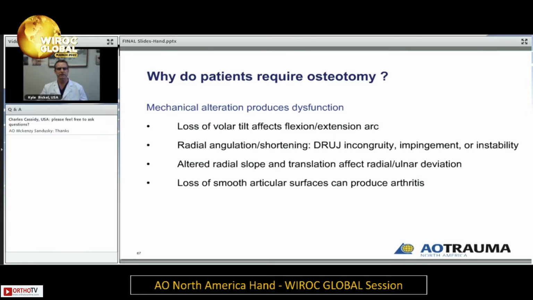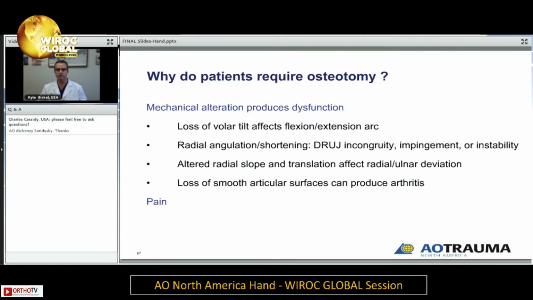Radial angulation and shortening can affect distal radioulnar joint incongruity, create impingement, or even instability when it's combined with significant ligamentous injuries on that side of the wrist. Altered radial slope and translation of the distal articular surfaces can affect radial and ulnar deviation. And finally, loss of a smooth articular surface can produce arthritis.